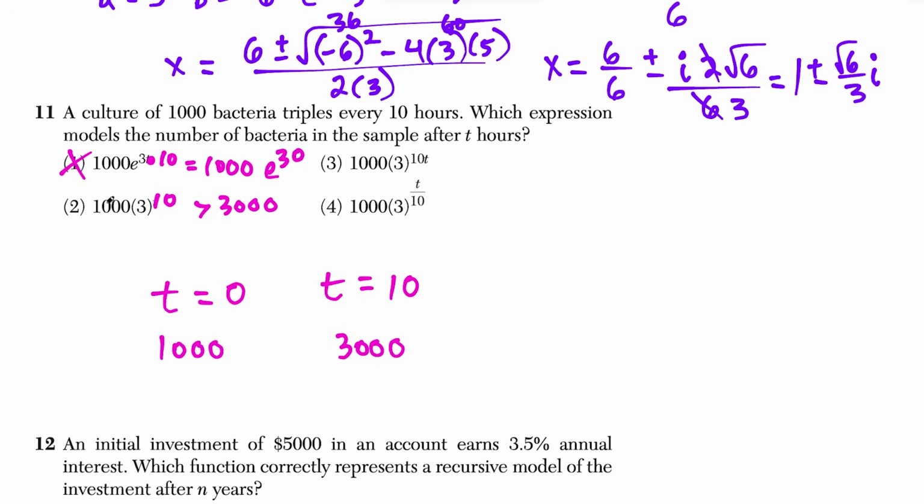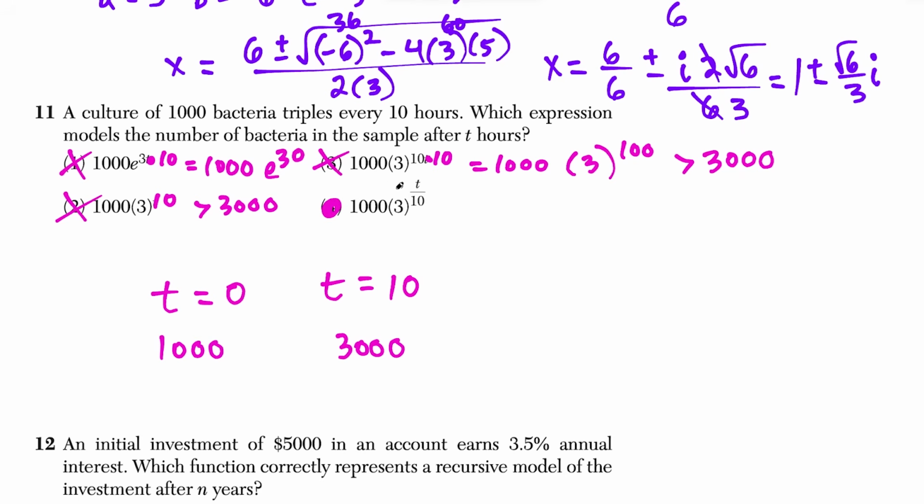So if we just keep tripling 10, we do it 10 times, that's way more than 3,000. 2 is out. If we plug in 10 here, this is going to give us 1,000 times 3 to the 100th power. So this would triple 1,000 100 times, okay? So this is also going to be way more than 3,000 here. So this is out. So just by process of elimination, it has to be choice 4.